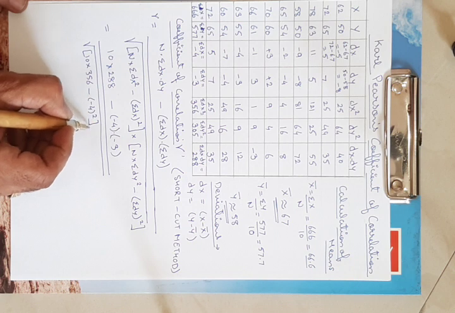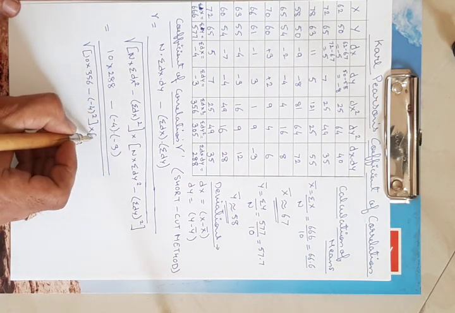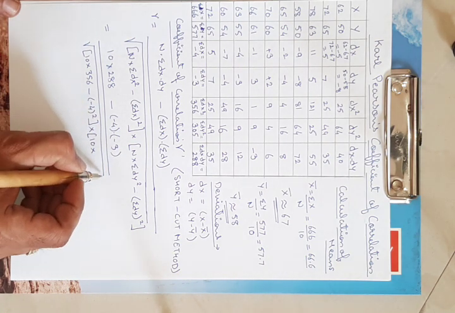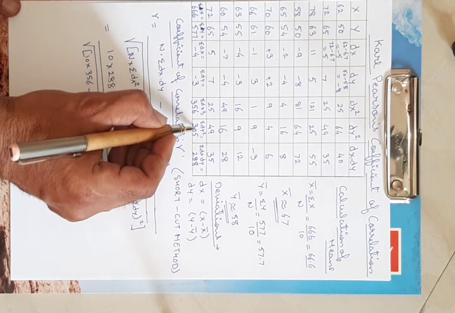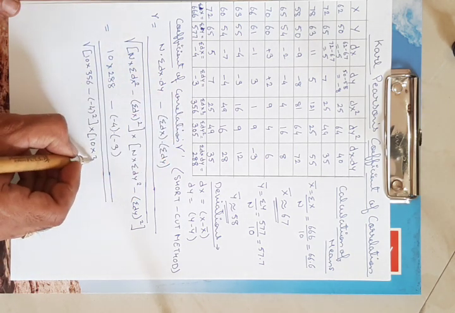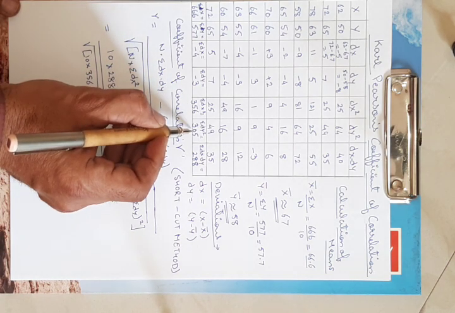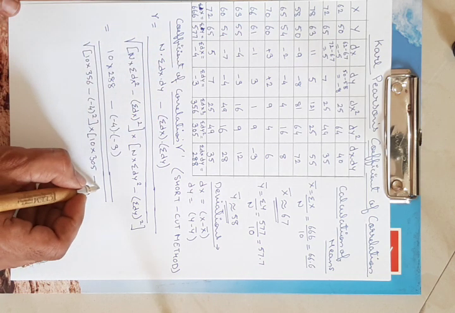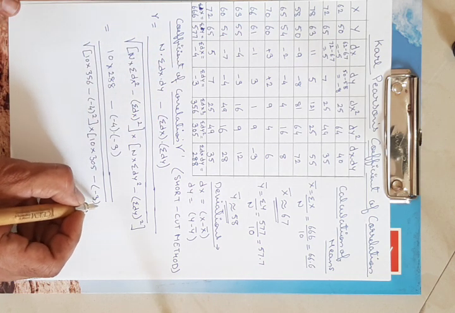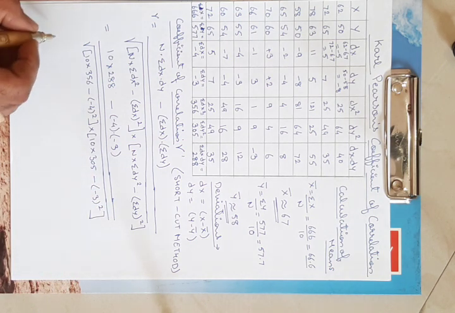Now the square bracket gets completed, multiplied by square bracket, n is again 10, multiplied by summation of dy square, which is 305, minus bracket summation of dy, that is minus 3, bracket squared. Again this square bracket gets completed.